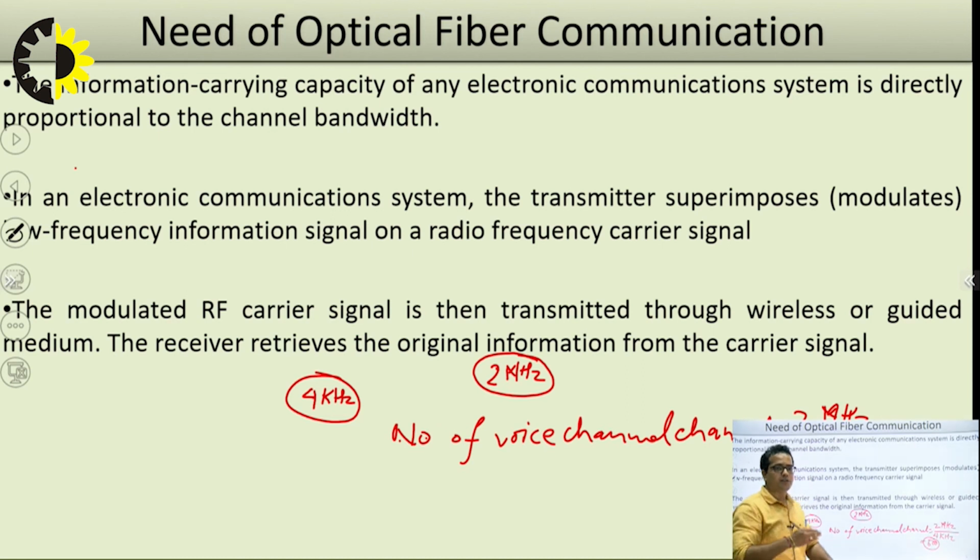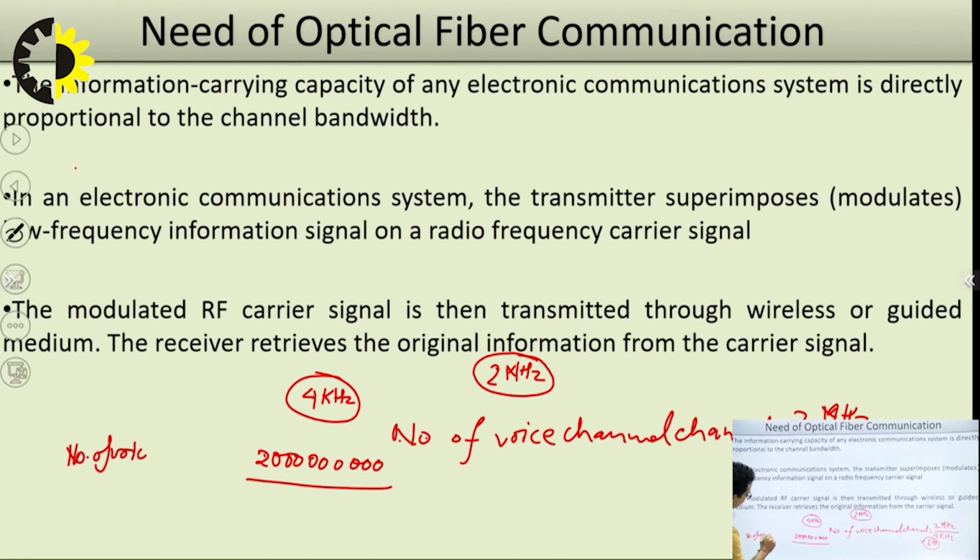So now, if we are shifting from megahertz to the range of microwave, and we have gone to a 2 gigahertz frequency, the number of voice channels that can be transmitted simultaneously will be around 500 thousand.